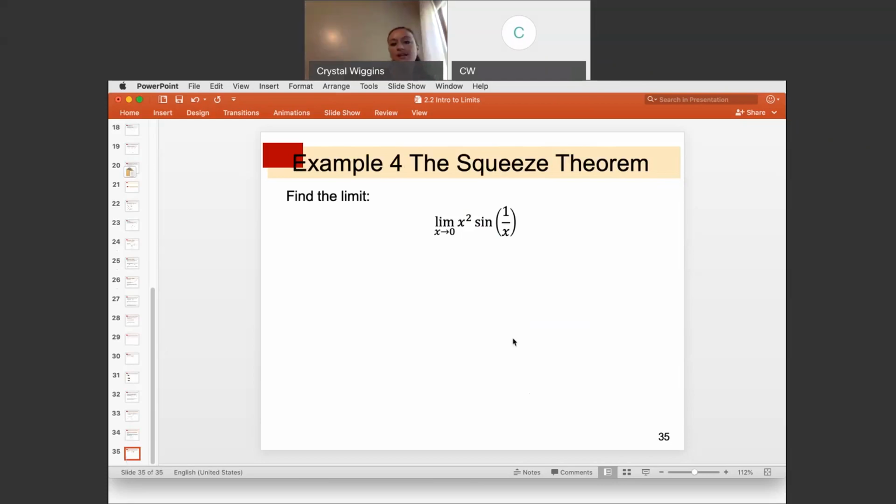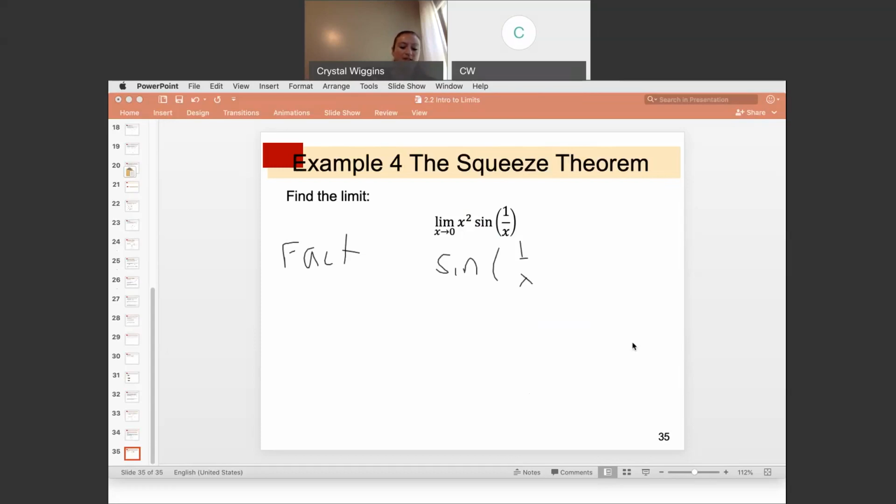So in the case we're working with a function that can't easily be manipulated, we need to use what's called the squeeze theorem. The squeeze theorem says, start with a fact. My fact is that the function sine of 1 over x is squeezed between two values.